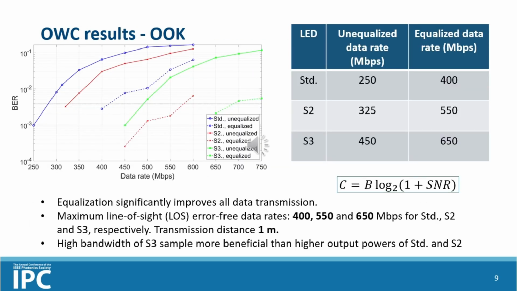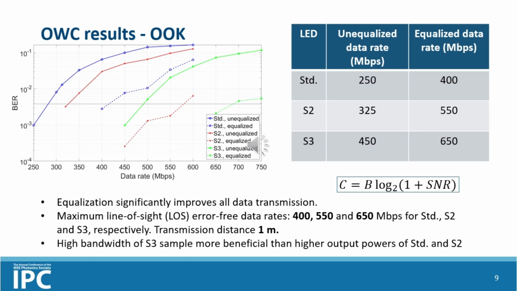Here we show the results of optical wireless communication using the three different LED samples and on-off keying. This was a line-of-sight link done over a transmission distance of about 1 meter. If we look at the plot on the left, the results without equalization are shown in solid curves, and the dashed curves represent the equalized data. A couple of things to take away.